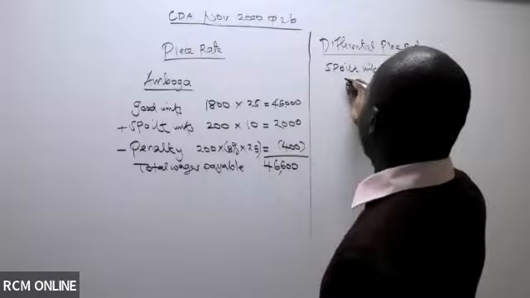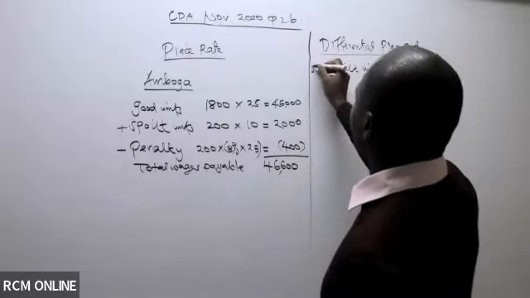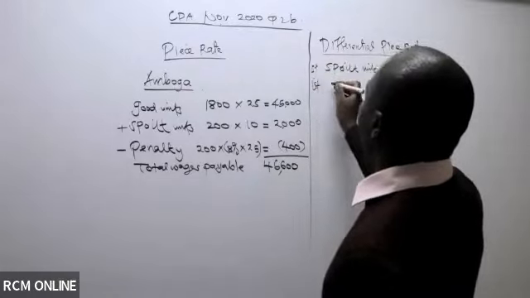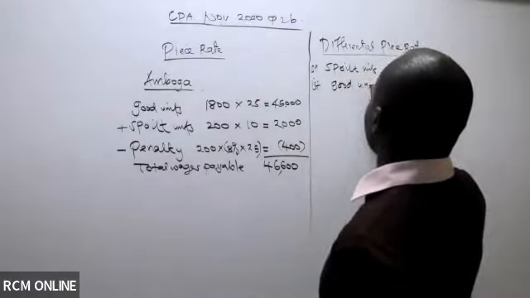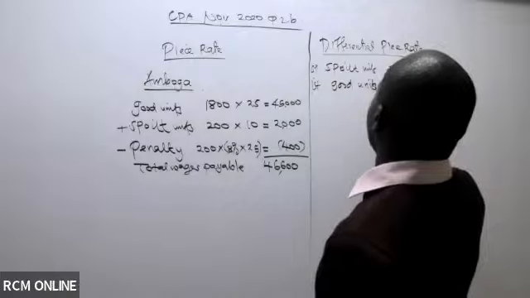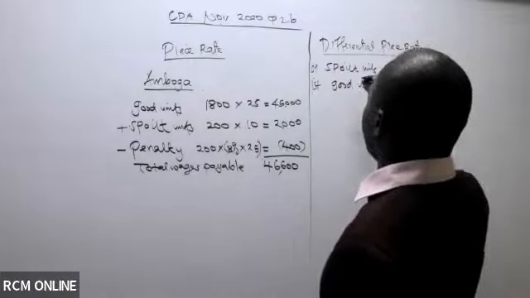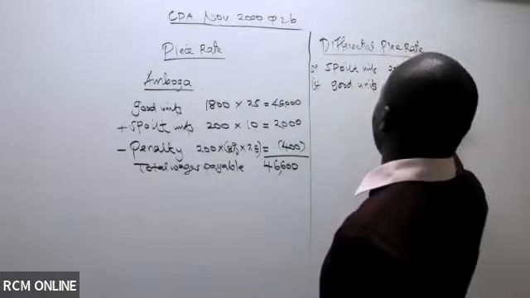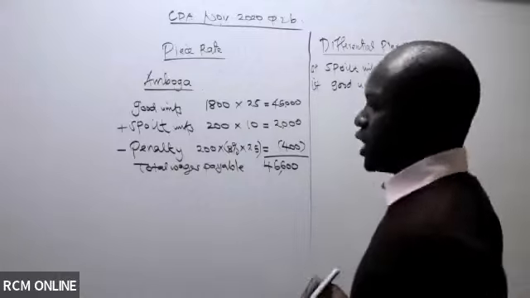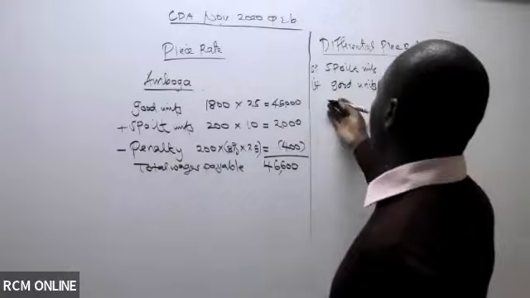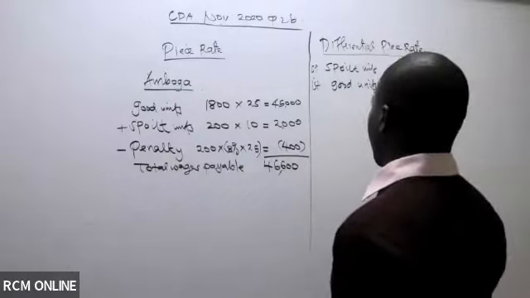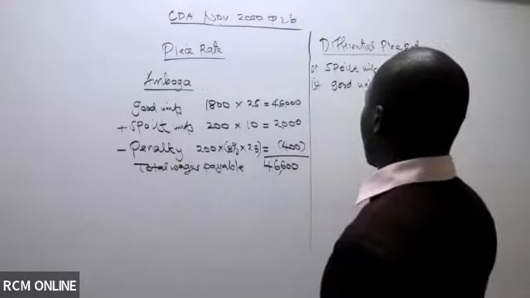Still in the first scale, we are only remaining with good units, 50, to make it the first 250. So this 50 will be paid for at the rate of 15 shillings. But within the same scale, we can decide to bring in the penalty at the very last part.